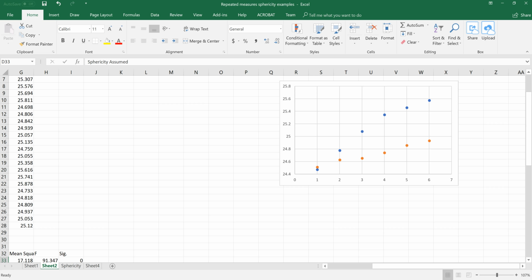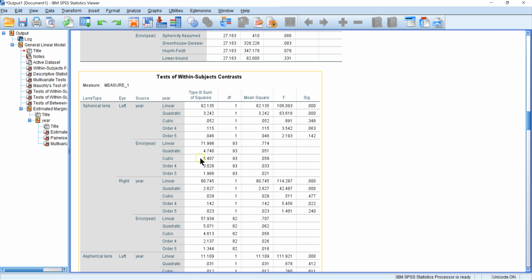And if we look, this is spherical lens, left eye, aspherical lens, left eye. Spherical lens, we have a linear and a quadratic. A quadratic means there's a bend.